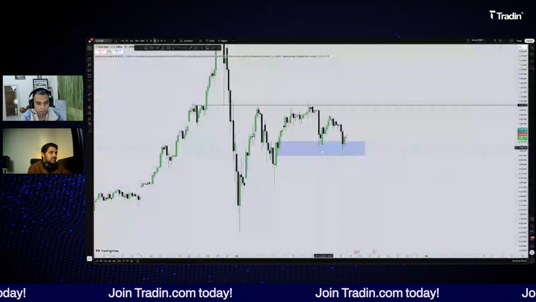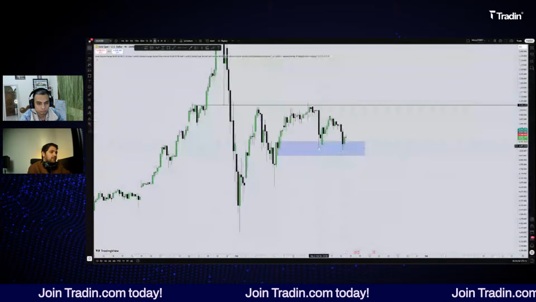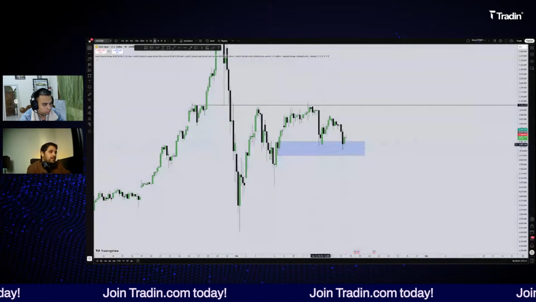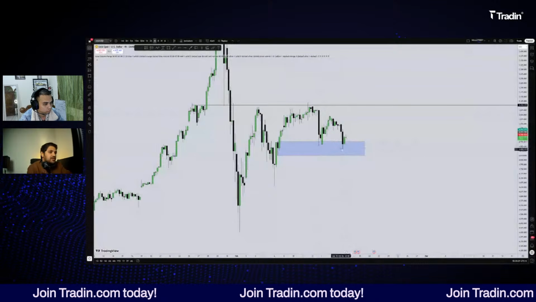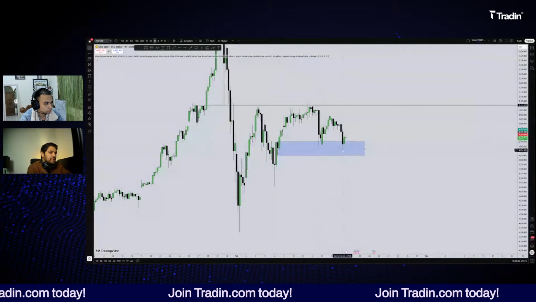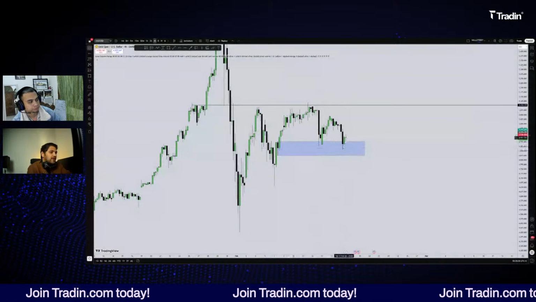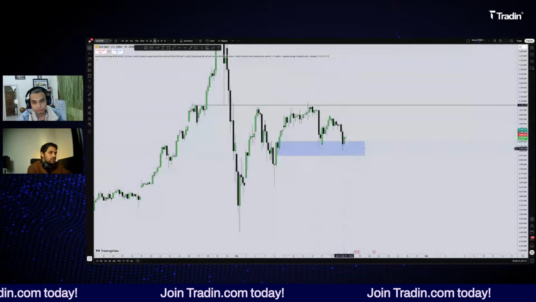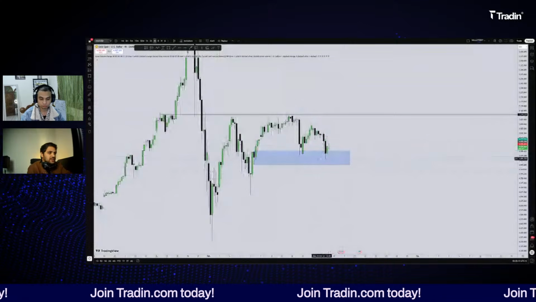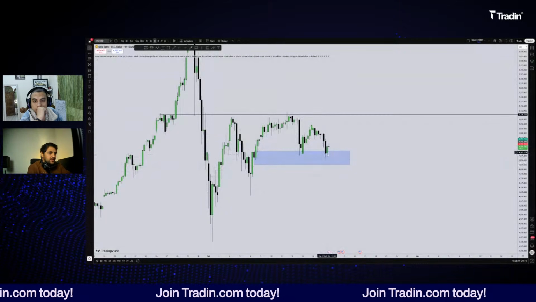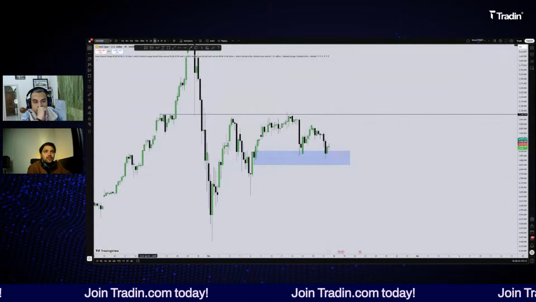I did also mention this demand zone in my previous live session. Then price tapped into this demand zone again, a much deeper tap on this 4 hour. After that, we can see one 4 hour candle close bullish. That means price held on to this 4 hour demand zone. It didn't just breach with the next 4 hour candle.